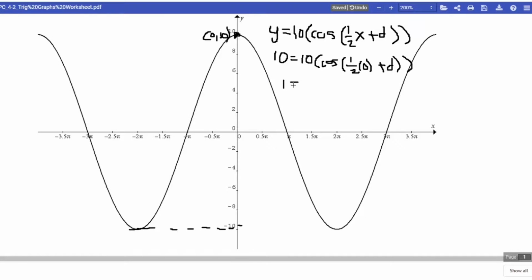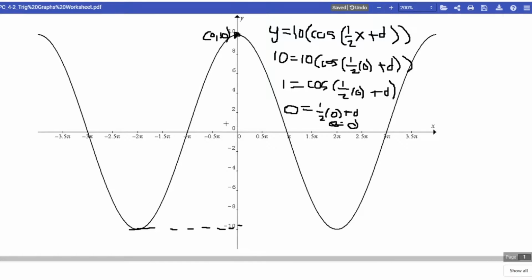That's going to give us 1 equals cosine of 1/2 times 0 plus d. Take the inverse cosine of both sides. We get 0 equals 1/2 times 0 plus d. And at this point, 0 equals 1/2 times 0 plus d. There's only one value that d can be, and that would mean that d has to equal 0.